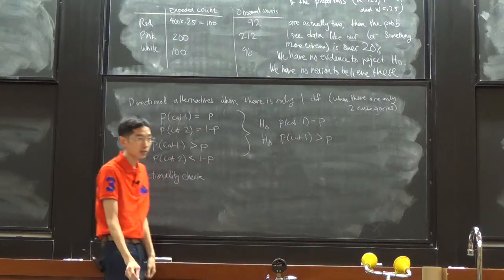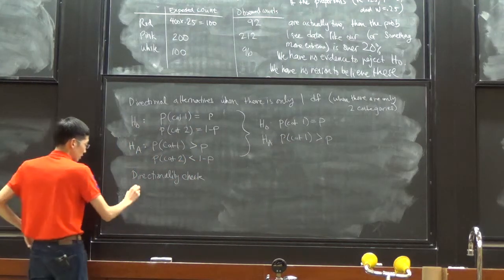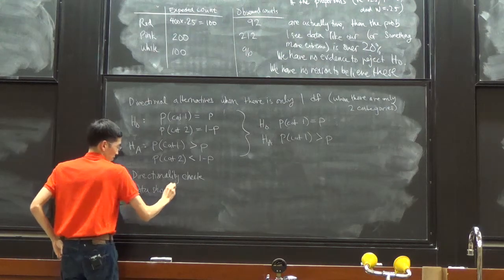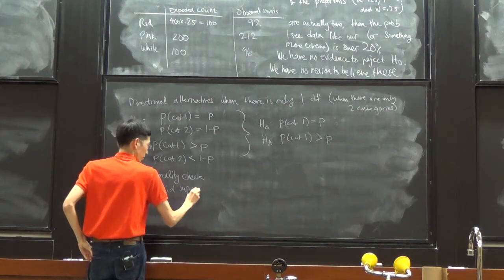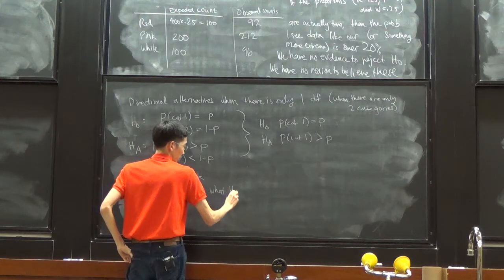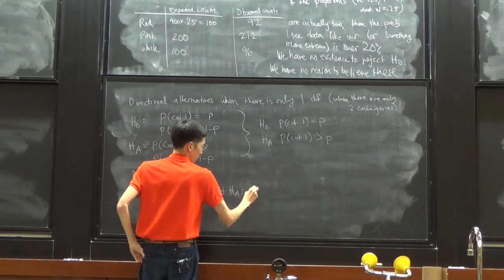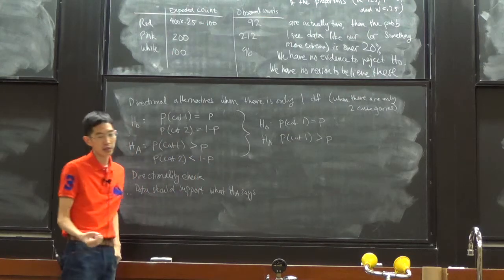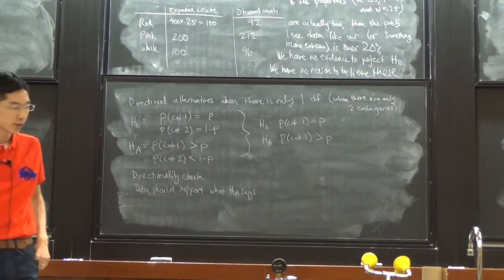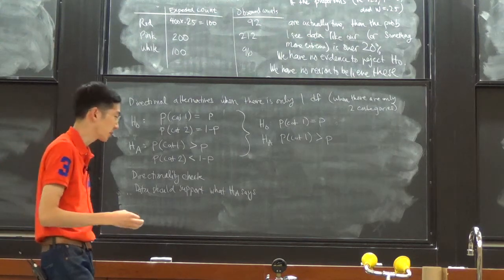Your data should support whatever the alternative says. And if it doesn't, then there's no point in continuing on with the test. You would have no evidence to support the alternative.